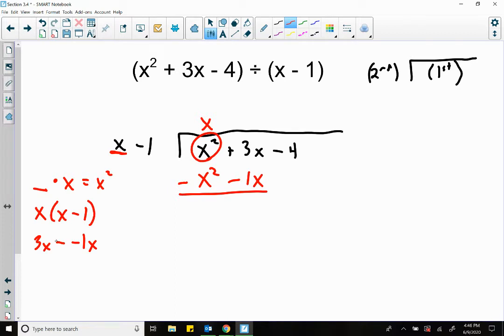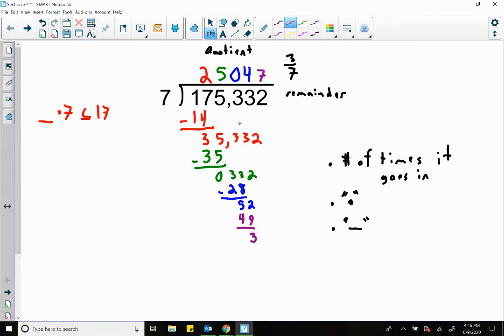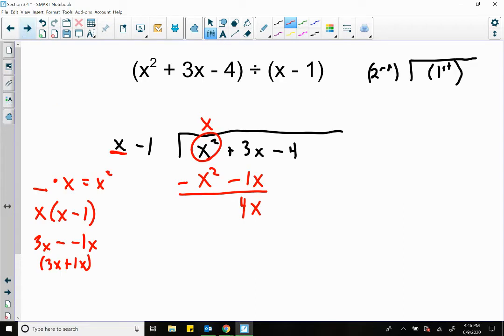Okay? So what happens with a negative by a negative? It really turns into a plus. So what you're really dealing with is 3x plus 1x. And that gives us 4x. And then just like before, how all these extra numbers trickle down, everything else right here will trickle down. There it is.